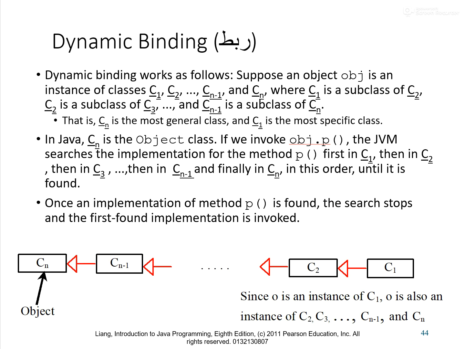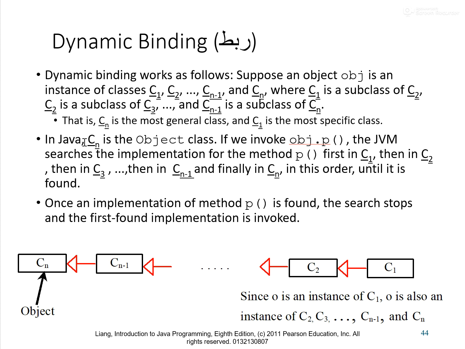Now, sometimes you have different versions of the same method in multiple classes. Let's say we have a whole hierarchy of classes. At the very top we have the Object class Cn, and a subclass of that is Cn-1 and Cn-2, and all the way down to C2, and then the most specialized class is C1.